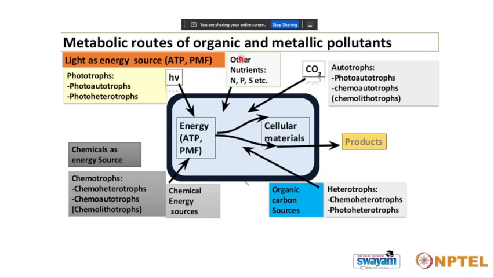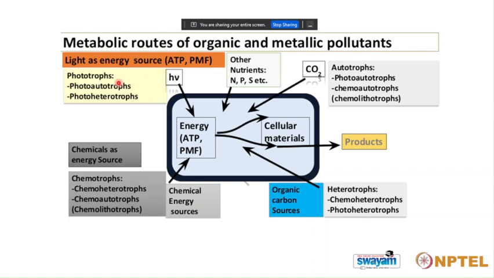So how are these organic and inorganic pollutants processed by different organisms? The organisms can be classified into different categories based on their nutrient utilization ability or mode of nutrition.